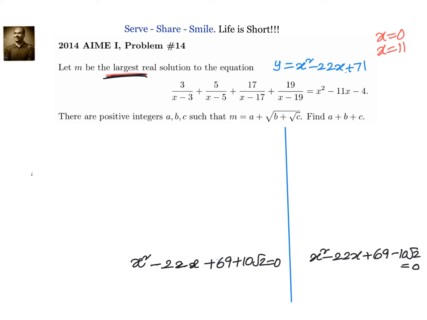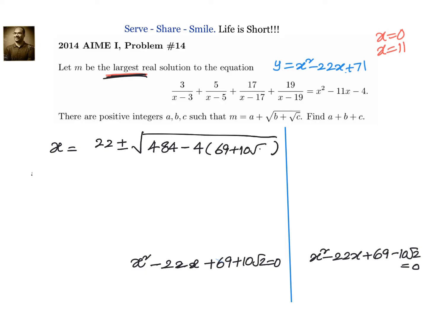In the first one, x equals minus b, that is 22, plus or minus root of b square. b square is 22 square, that is 484, minus 4 into a into c. a is 1 and c is 69 plus 10 root 2.